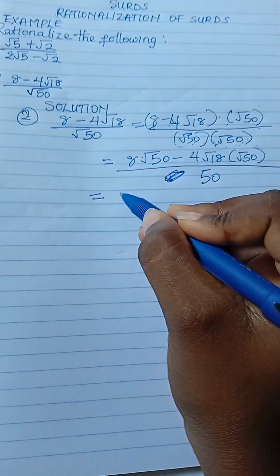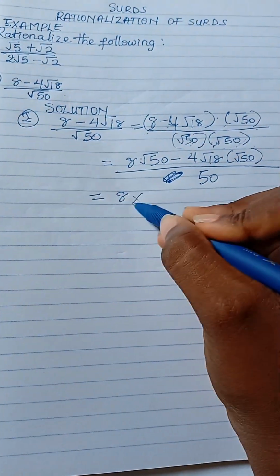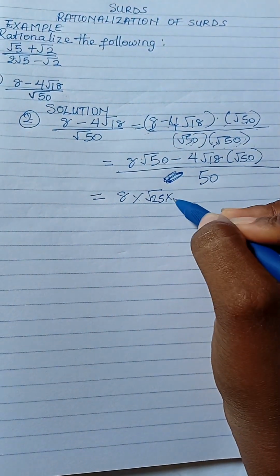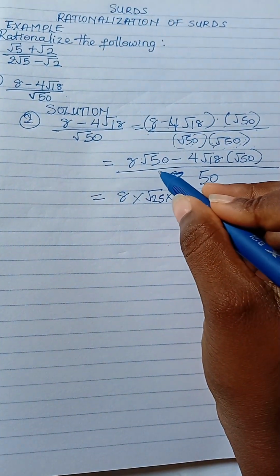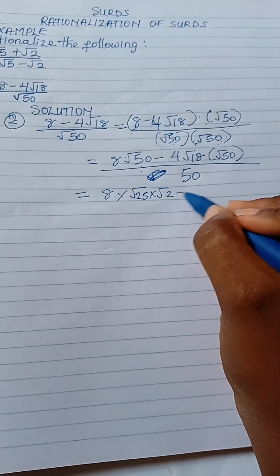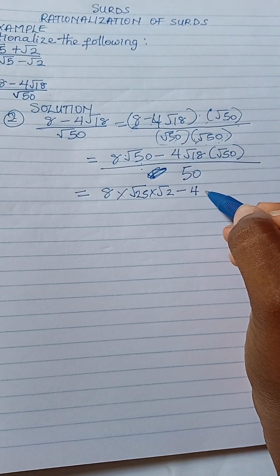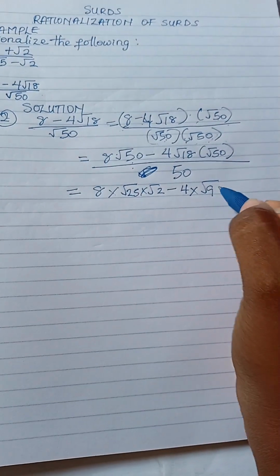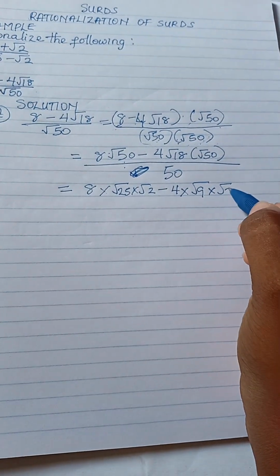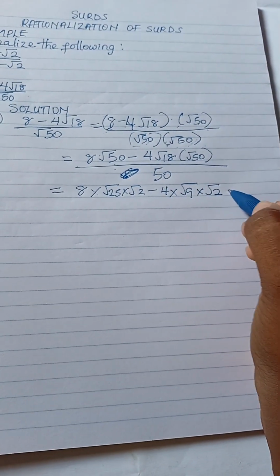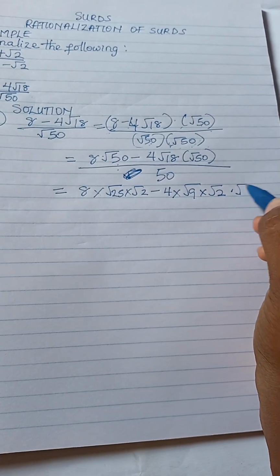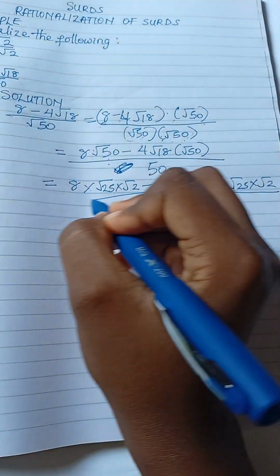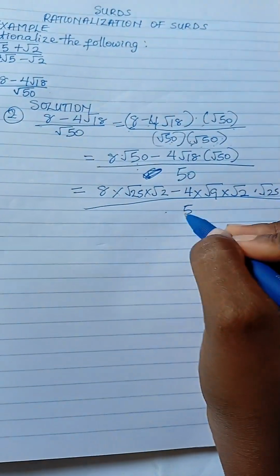So, moving on. 8 by root 50 can be divided into root 25 by root 2. Now, if I multiply them back, it will be root 50. So, minus 4 by root 18 can be root 9 by root 2, sorry. Then root 50 can be root 25 by root 2, over 50 is still there.